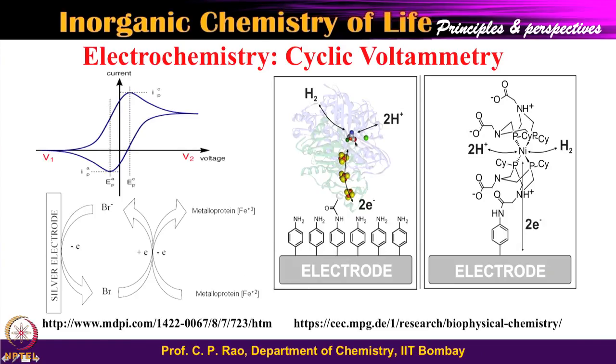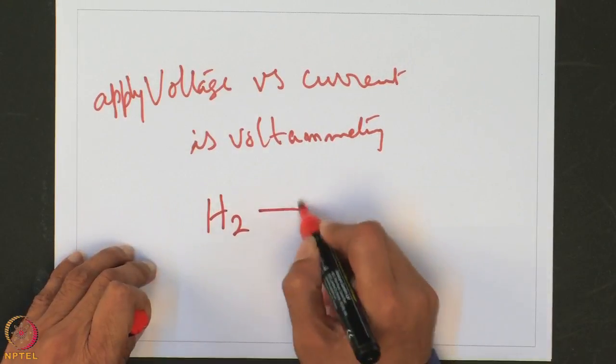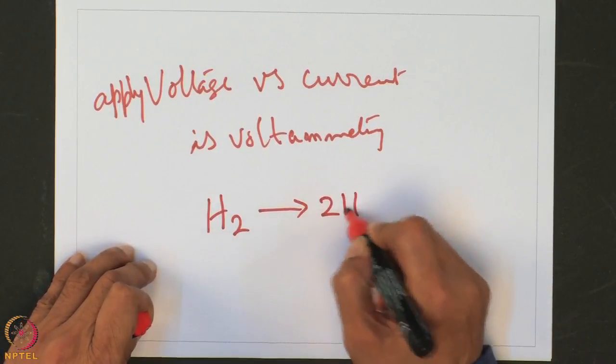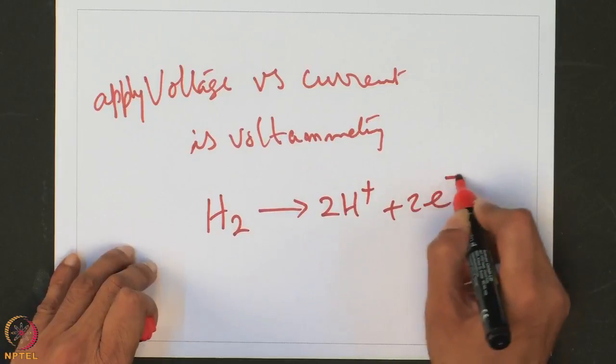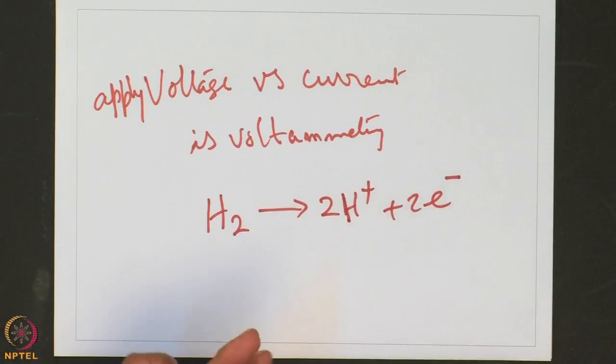Then here you have the actual reaction center where the reaction occurs, H2 going to 2H plus and 2 electrons. That is oxidation. So, H2 going to 2H plus and 2 electrons. This is an oxidation process.